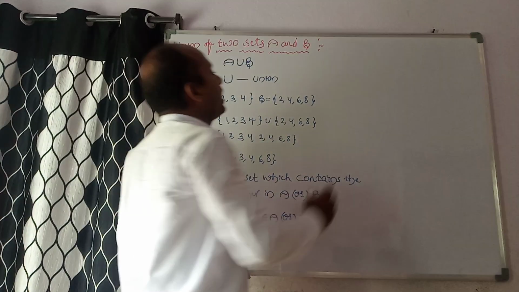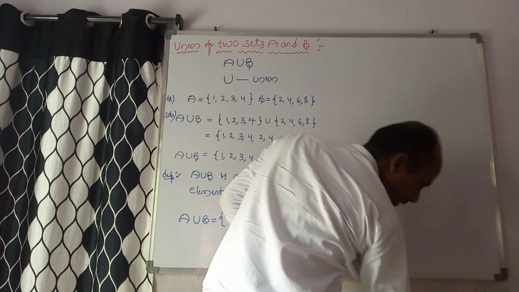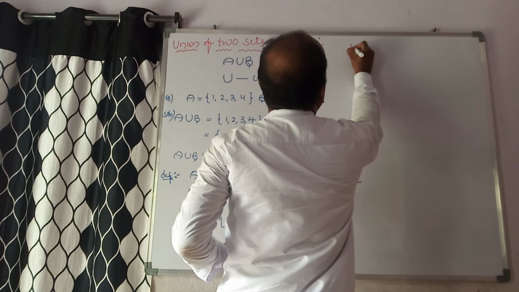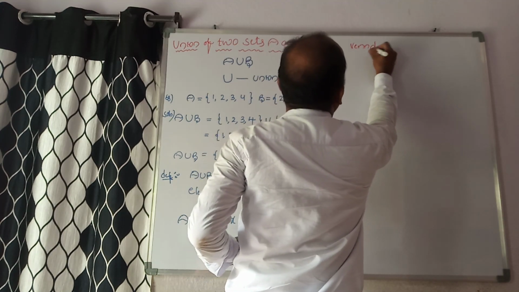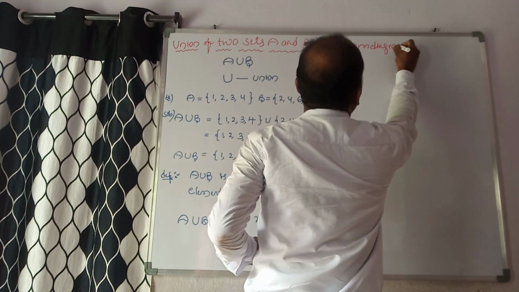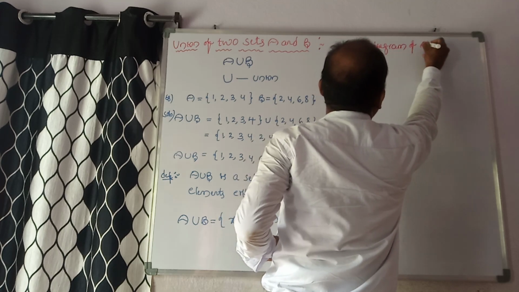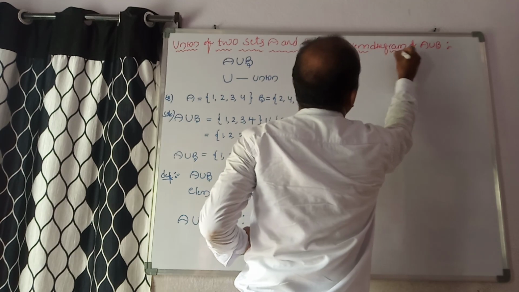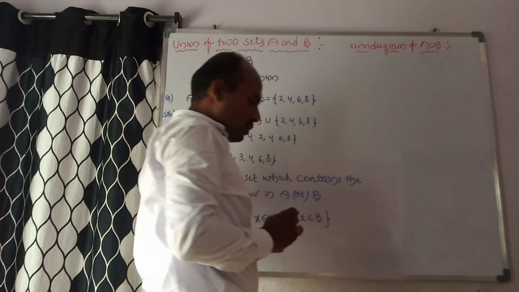Next, see the Venn diagram of A union B. This Venn diagram is also called Euler's diagram.